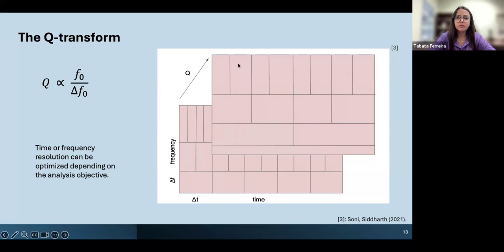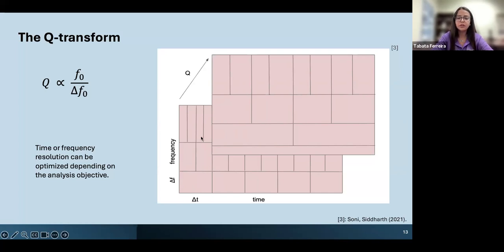What does that mean? If you look at here, this is a representation of the time frequency domain. And we have what we call tile, this region here, with a duration delta t and a bandwidth delta f. So we have this region, a lot of regions. When we create a spectrogram from Fourier transform, this delta t and delta f are always the same. They are constant all the time.